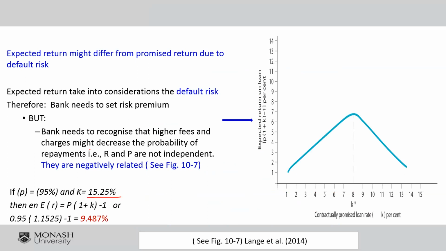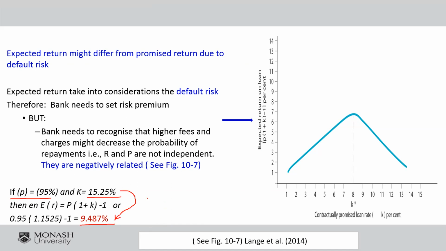If you assume the probability of payment is 95%, then in this case, the expected R is actually 1 plus K minus 1, 4948. See the drop, a huge drop, because of the probability of payment, 95% of what? You expect to receive 95% of your rate, of your return, and your principal. This is why we see this huge drop from 15 to this one.